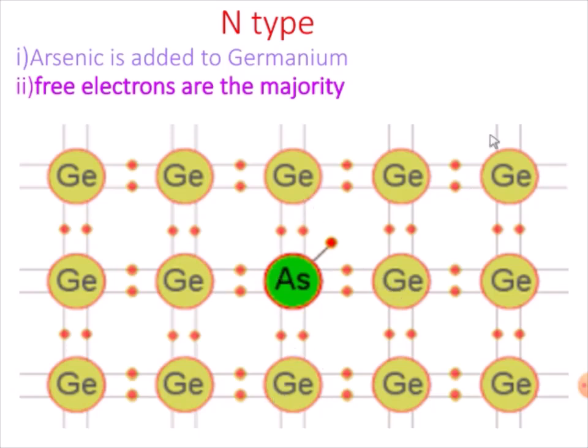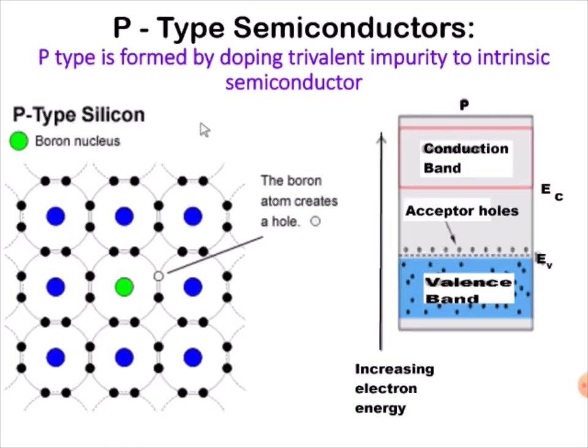Now let's see the p-type semiconductor. P-type means the doping is done with a trivalent atom. So p-type is formed by doping a trivalent impurity atom into the pure intrinsic semiconductor.